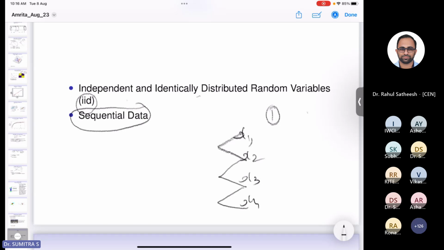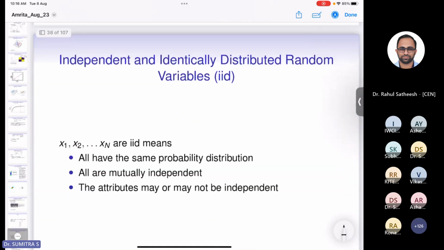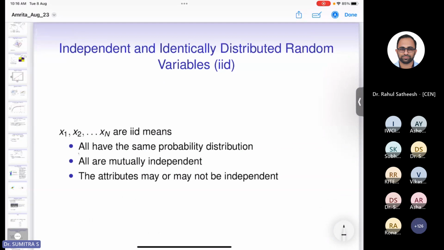So for IID data, there is a set of algorithms that deal with it. IID data means all the data have the same probability distribution and are mutually independent. The attributes may be dependent or independent, that doesn't matter, but each data point has no dependence on the others.